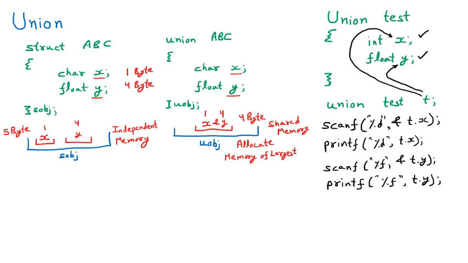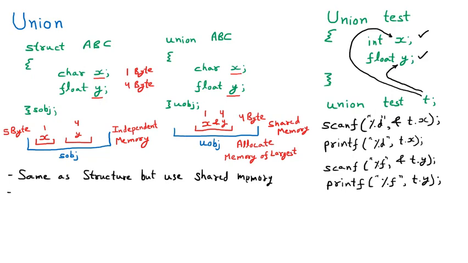So now we can say that about the union, it is same as structure, but uses shared memory. That line is self-explanatory, that both look the same, but the memory is shared in the union.